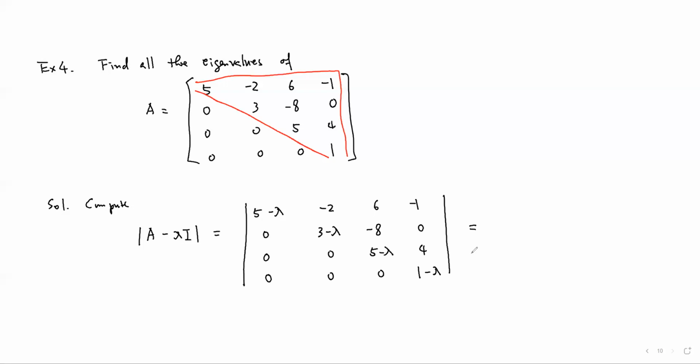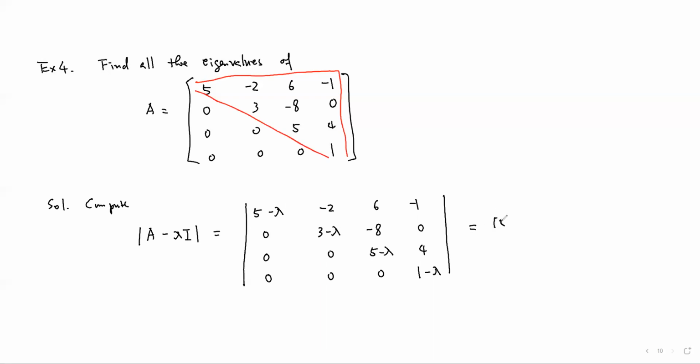Recall that in the section about determinants, there is a fact: the determinant of a triangular matrix is just the product of the main diagonal entries. So this determinant is the product of the main diagonal entries.